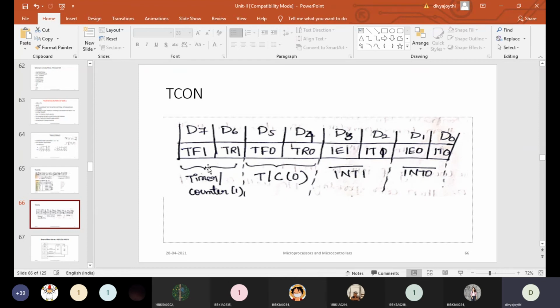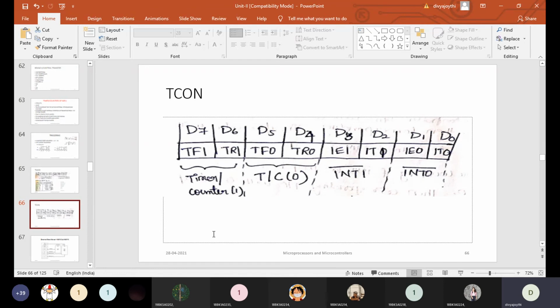For example, a register can support only 8 bits, and if you try to put in a ninth bit, it goes and sits in the D0 place. That is how these overflow flags will be set.